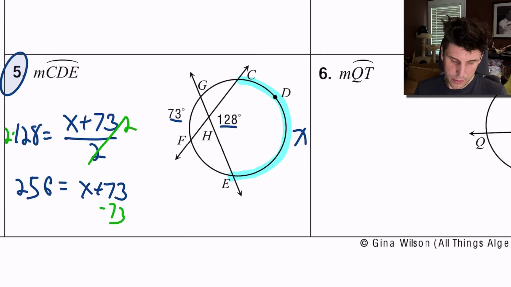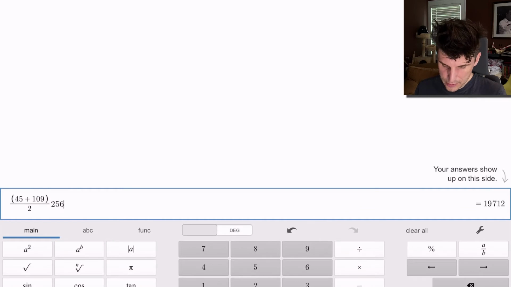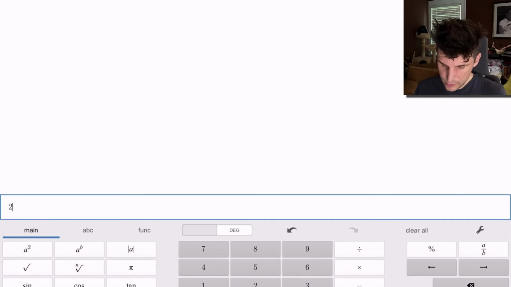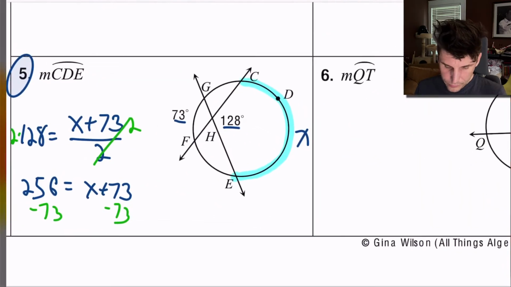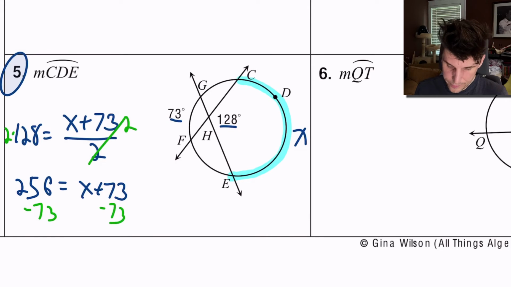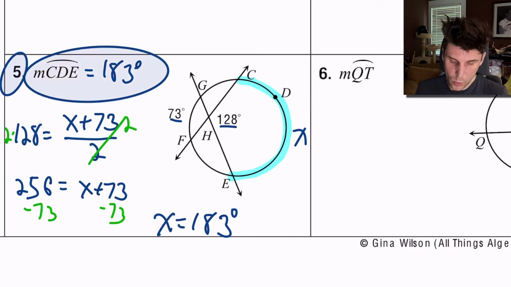Subtract 73 from both sides. 256 minus 73 is 183. So X equals 183 degrees, and that means that arc CDE is equal to 183 degrees as well.